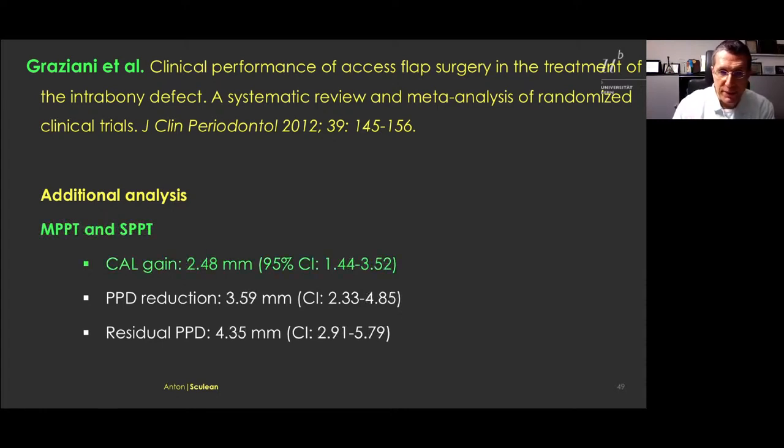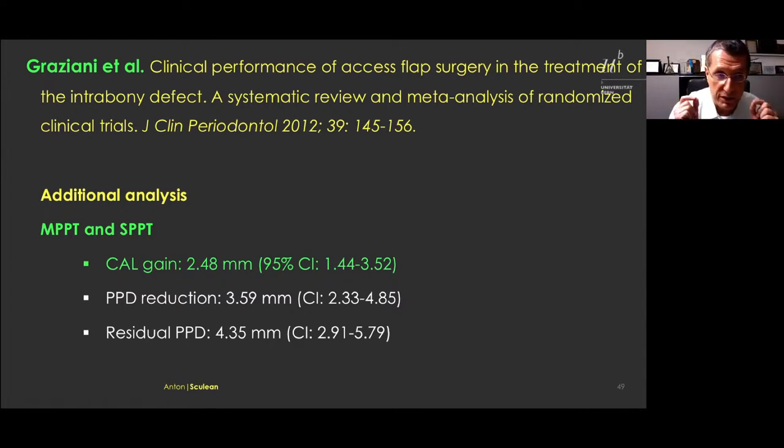If we are able to maintain the interdental papilla, and we use the so-called modified papilla preservation technique, or the simplified papilla preservation technique, the attachment gain is about 2.5 millimeters. The mean attachment gain is more than 1 millimeter above what we can obtain with an older type of flap design.